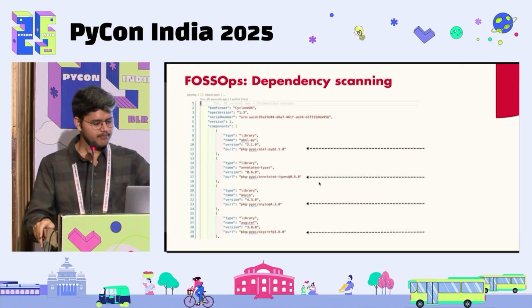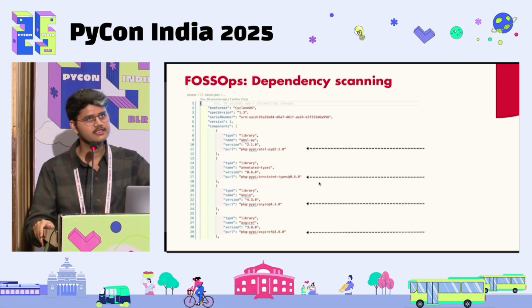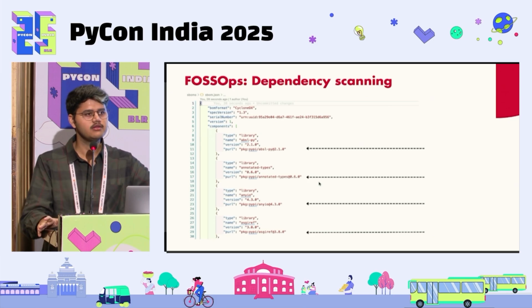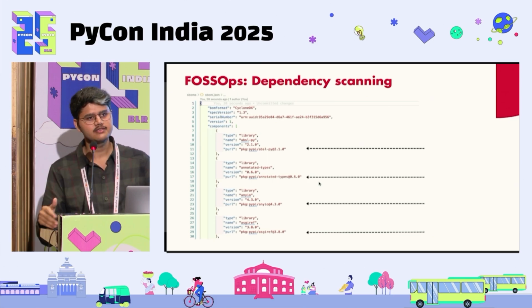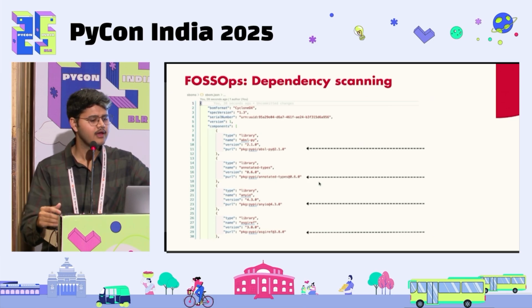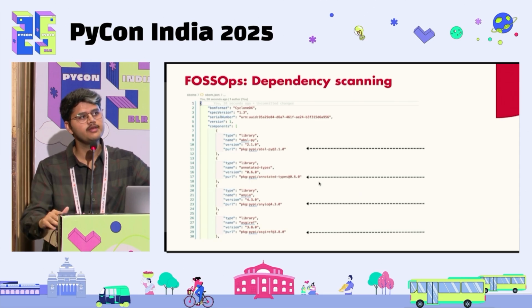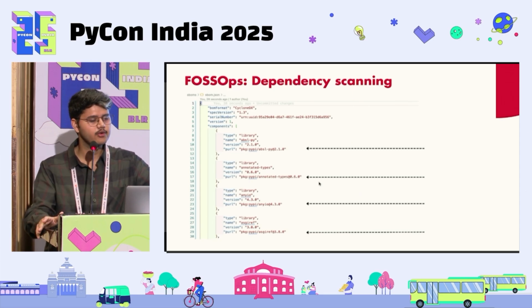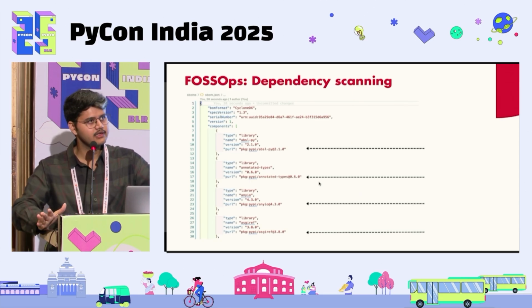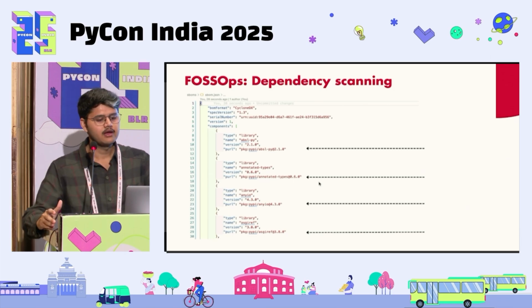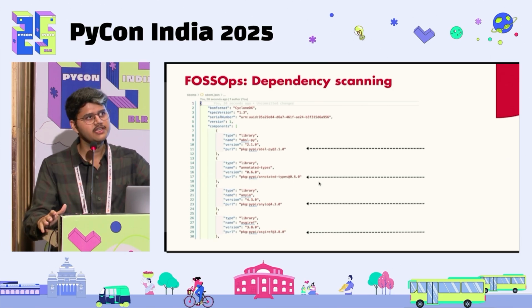Yeah. The next scanning mode is dependency scanning. As we all know, in a mature project, the project code base is not enough for scanning. We also have to scan all of the dependencies that the project has. In this regard, what FOSSology needs as an input is an SBOM file.